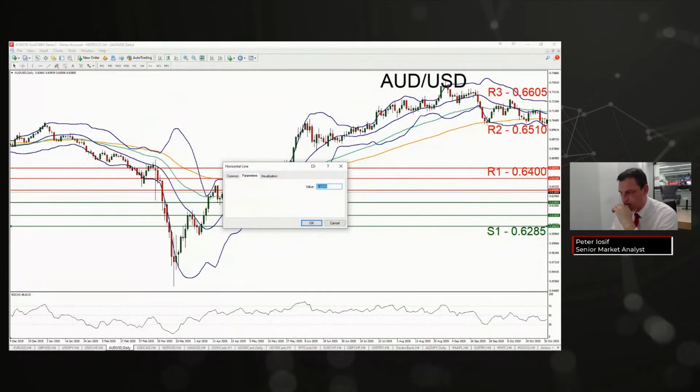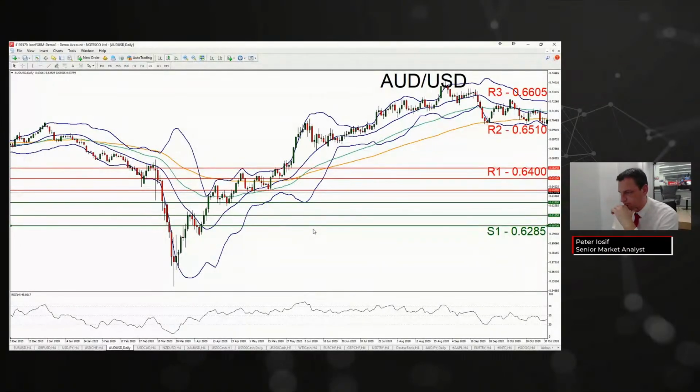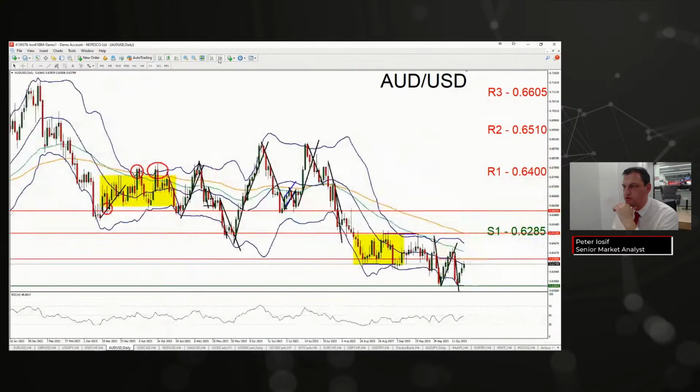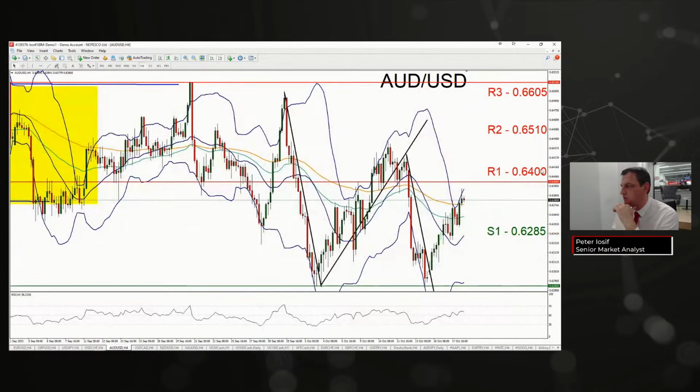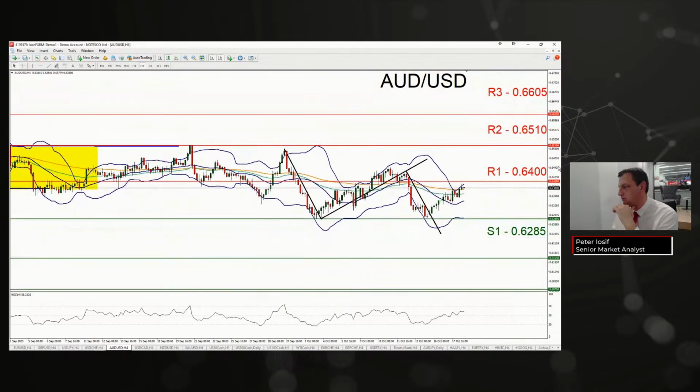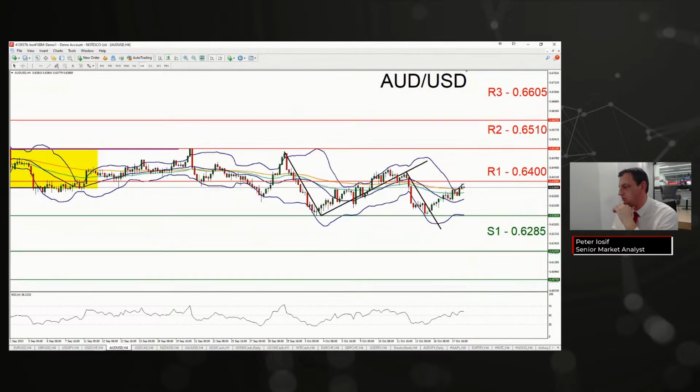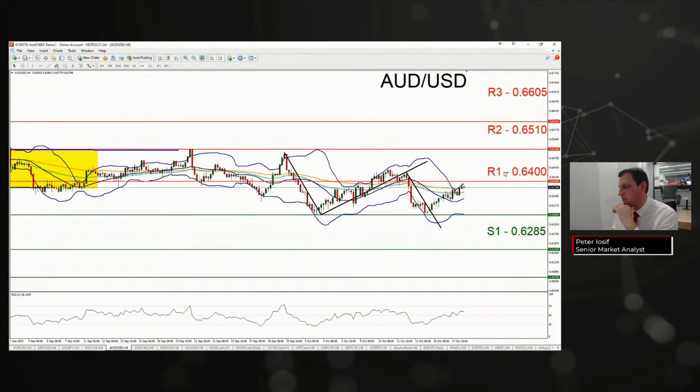Yep. Let's readjust the chart. Back to the forward chart. Repositioning the labels of the resistance lines.